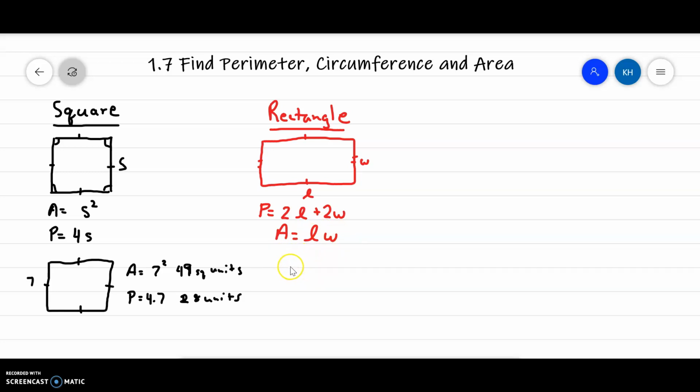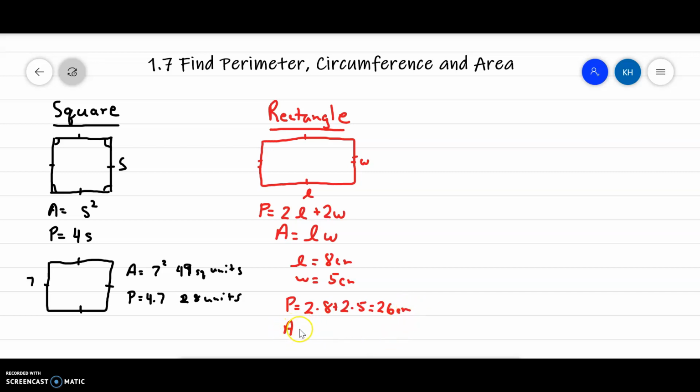So for example, if I don't draw a picture, I just say, hey, the length is 8 centimeters, and our width is, let's say, 5 centimeters, and we want the perimeter. It would be 2 times 8 plus 2 times 5, which will be 16 plus 10, 26 centimeters.